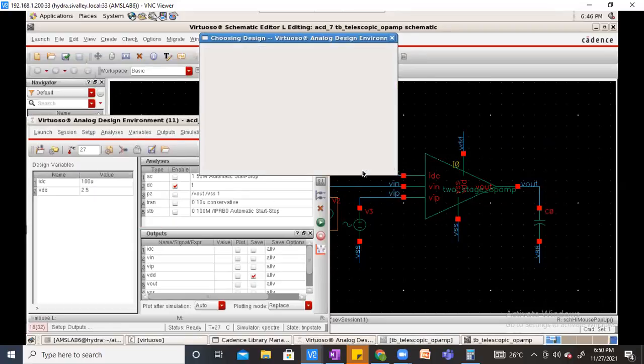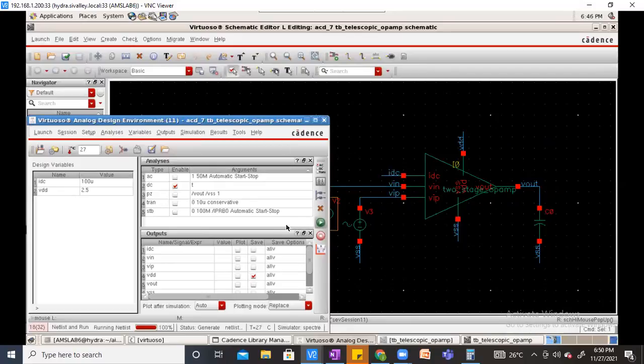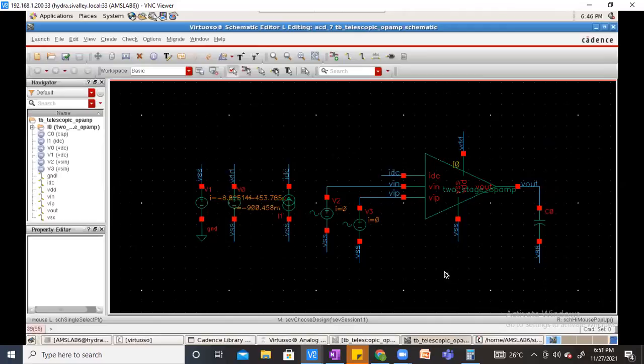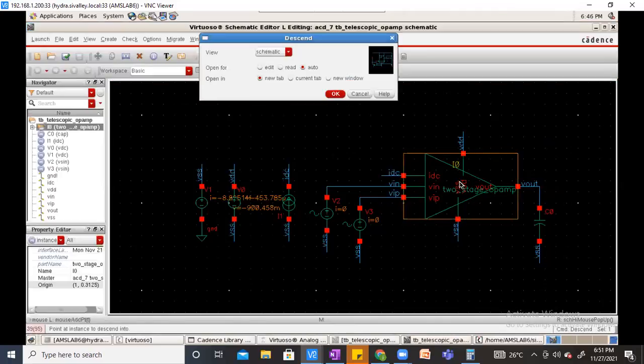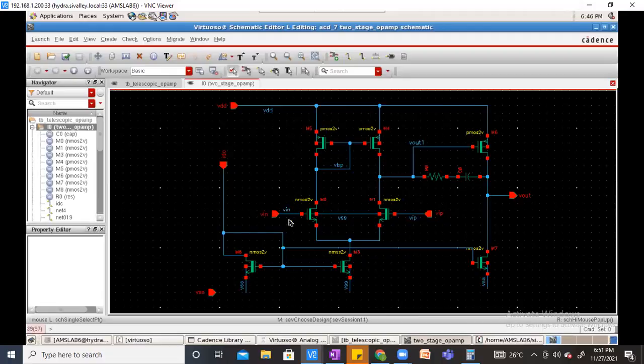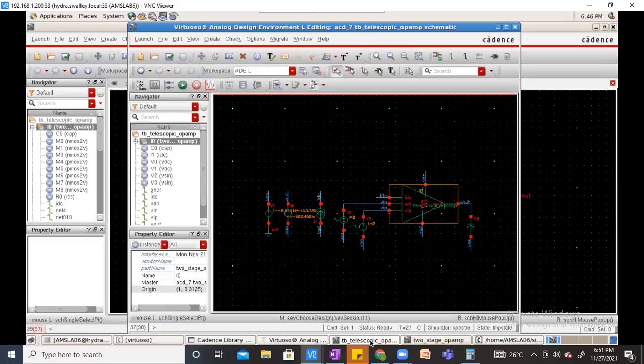Telescopic design schematic. Okay. Oh my God, why? Is something wrong?